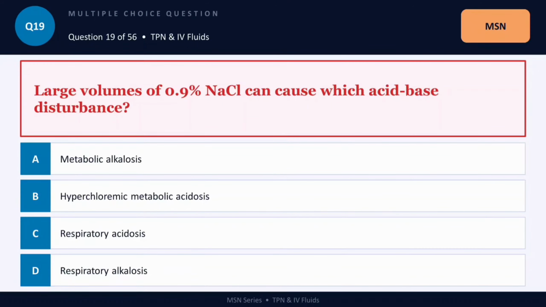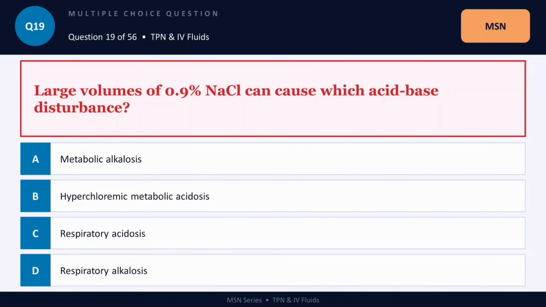Question number 19. Large volume of 0.9% NS can cause which acid-base disturbance? Option A metabolic alkalosis. Option B hyperchloremic metabolic acidosis. Option C respiratory acidosis. Option D respiratory alkalosis.